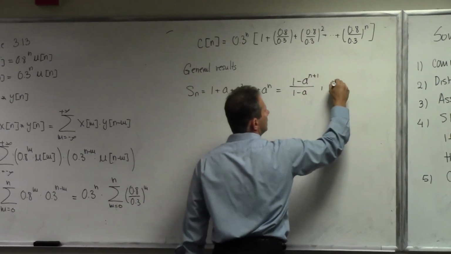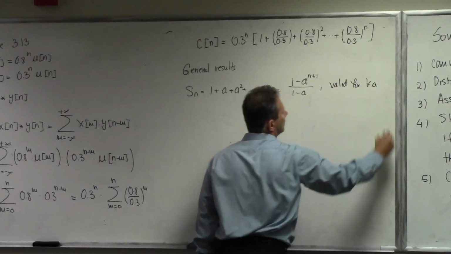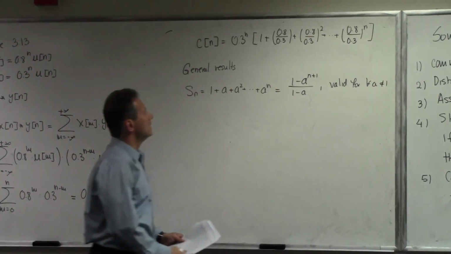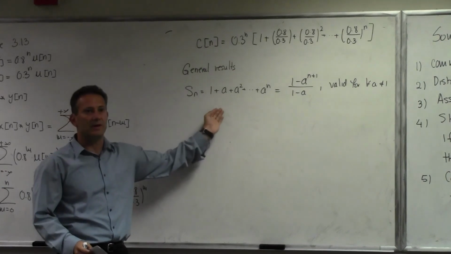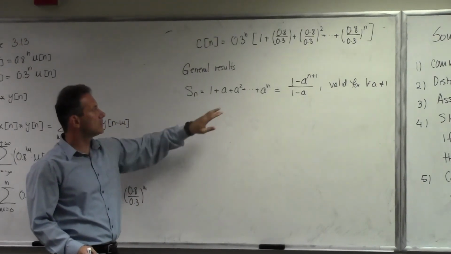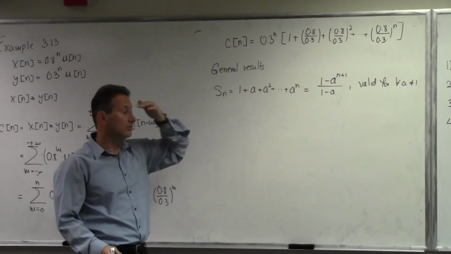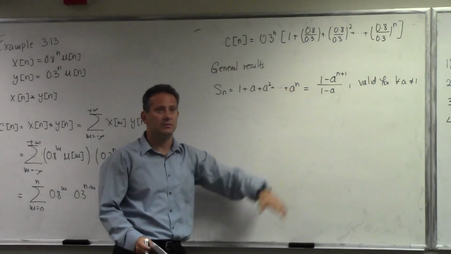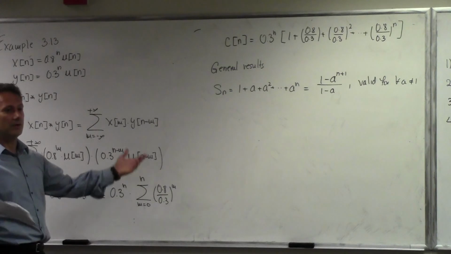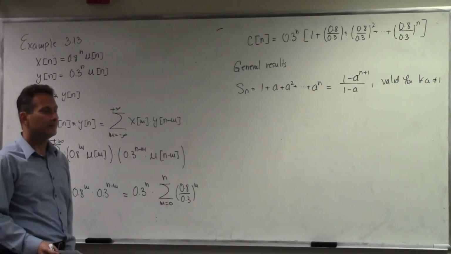And it's valid for any a different than 1. But in the case when a is equal to 1, it's trivial. It's just equal to n plus 1. But there are no restrictions on the magnitude of a. This always converges. Why does it always converge? Because it's finite. You're summing n finite numbers, so even if they're huge, it's just going to be n times huge. It's not going to be infinite.